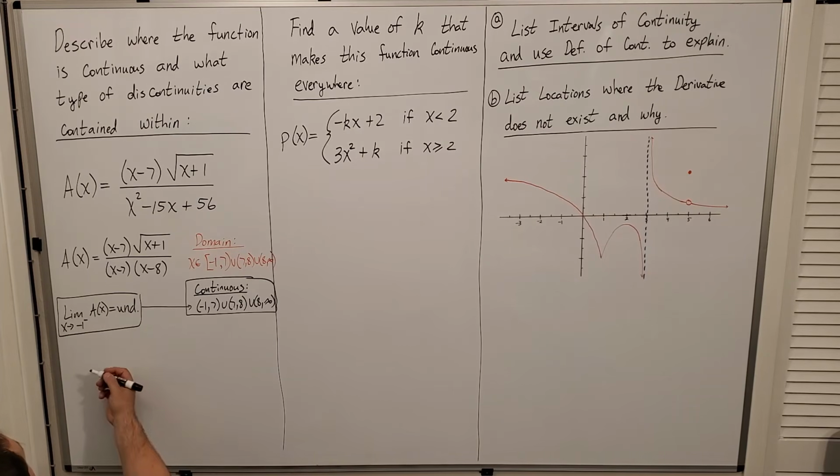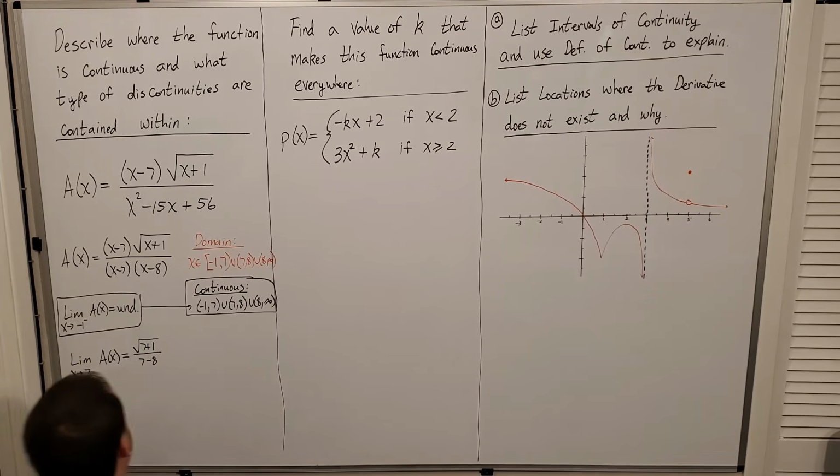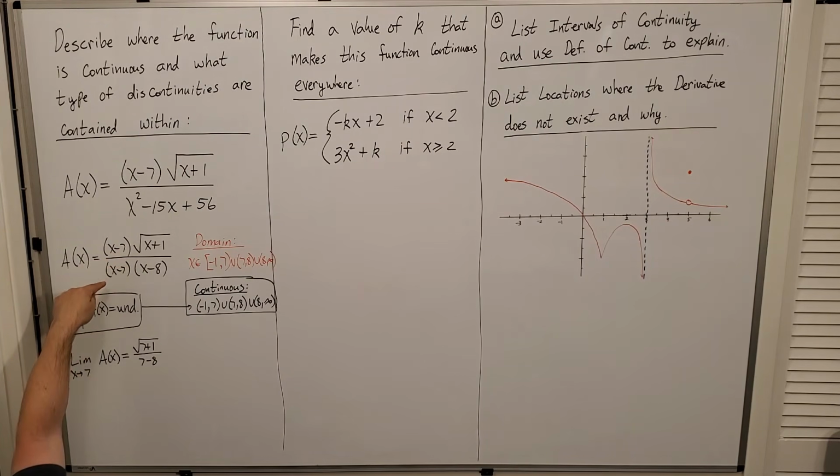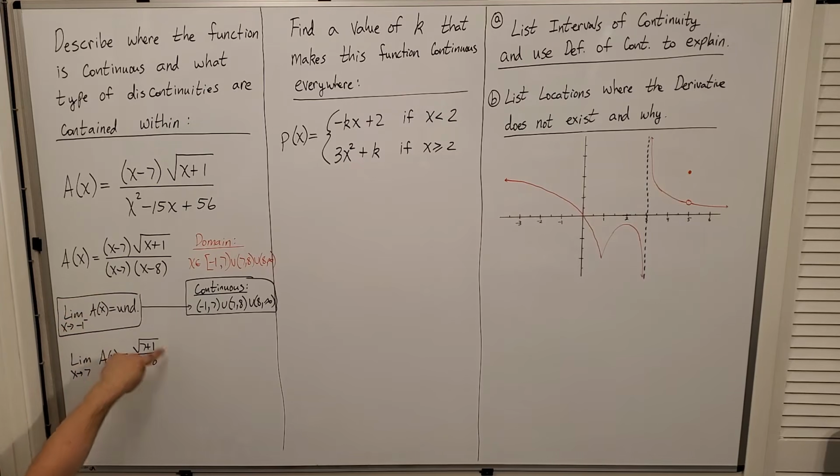Also, I can see that the limit as x approaches 7 of a of x, okay, is going to be the square root of 7 plus 1 over 7 minus 8. Notice if I put this in a limit, I can actually do the reduction. And therefore I can do this calculation.